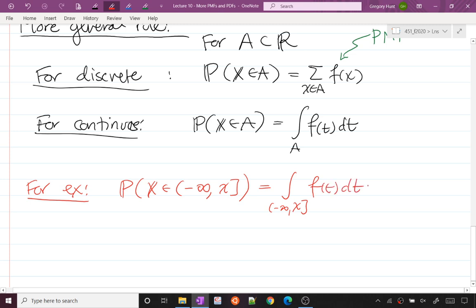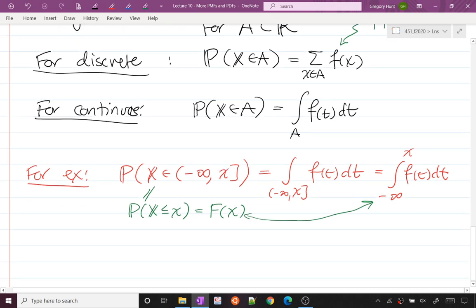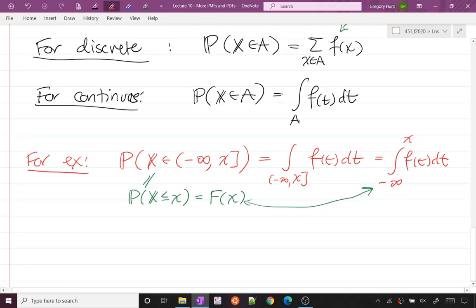Of course, we don't typically write integrals the other way. And this is just the probability that x is less than or equal to little x, which we call the CDF. We had already made this claim that there's this relationship, but it's a more general rule.